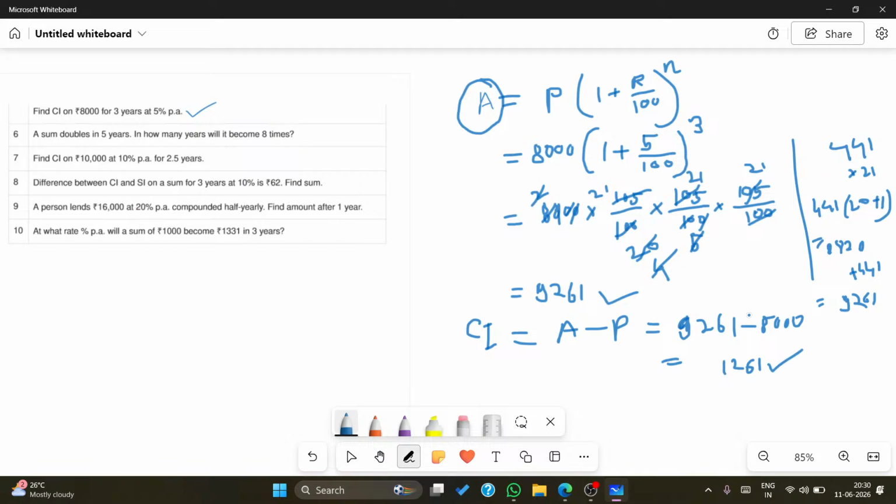That is the final value. So CI equals 1261 rupees. Okay. Rupees 1261.